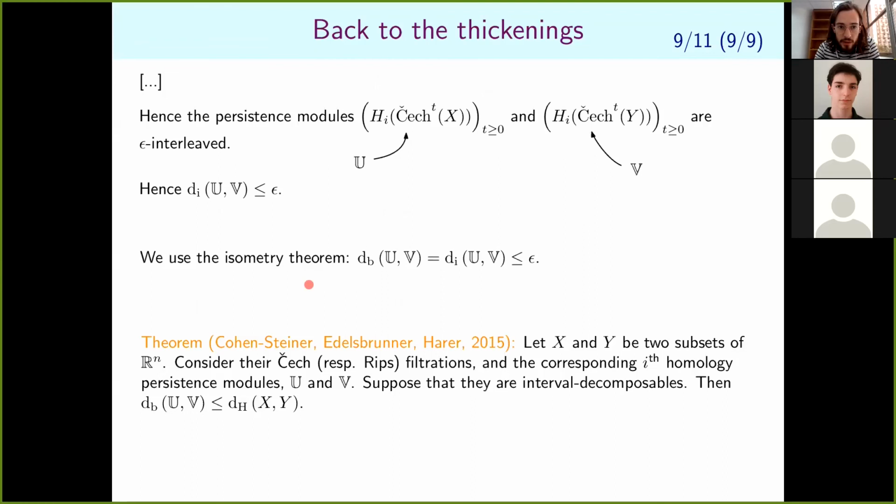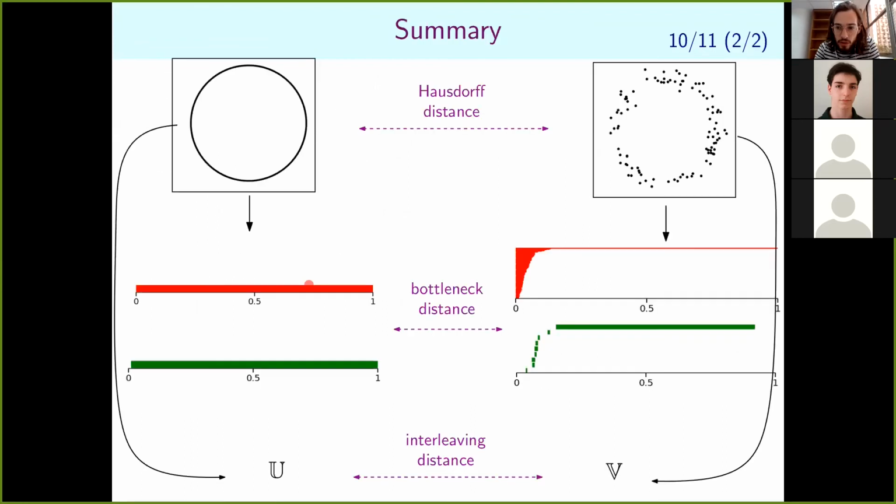Basically, in practice, you cannot find this epsilon, because we do not know what the circle is. So you cannot compare your data set to the theoretical shape. You cannot find the Hausdorff distance between your data set and the theoretical one.